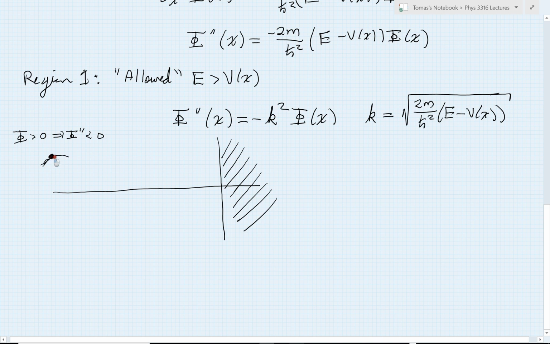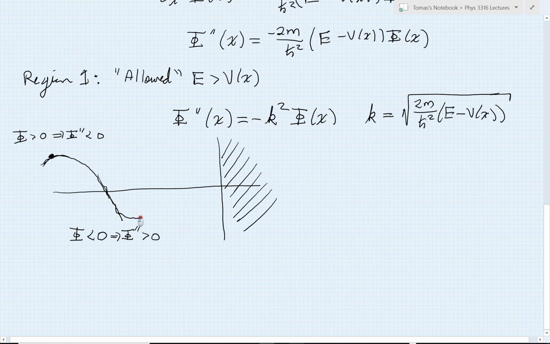So whatever my function is doing over here, it has to be curving downward like so. And if it curves downward, it's going to have to eventually cross the axis and enter this new regime where now, I'm sorry, my pen is getting a little shaky, into this new regime where we're now at a location where phi is less than 0. But if phi becomes less than 0, this minus sign would then imply that in fact the second derivative now in this region has to be positive. So once I cross over my axis, I'm going to be curving back upwards.